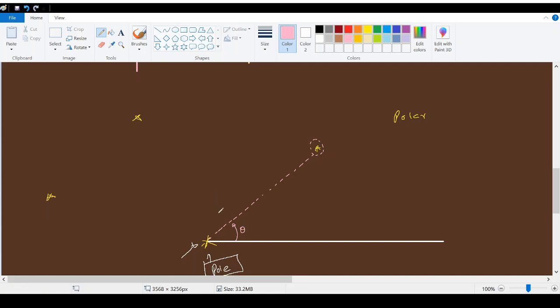And then we measure this distance. Let's name it r. Then for the positioning of this object, we mention the r value and the theta value. So this is the way that we give the position of an object in the polar coordinate system.